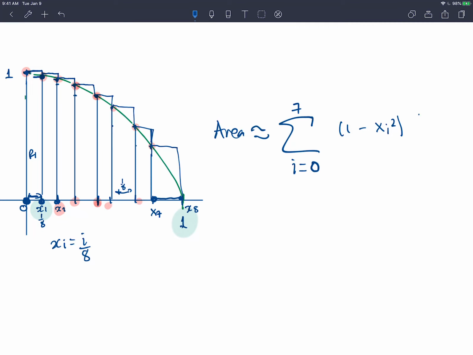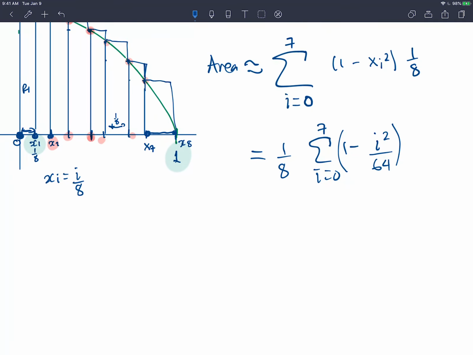The base is 1/8, so I can leave it like that. So I wrote the xi here, but I can take the 1/8 out like before, and put the sum from i equals 0 up to 7 of 1 minus, and this is the same as before, xi is i squared over 64, correct? Like that.